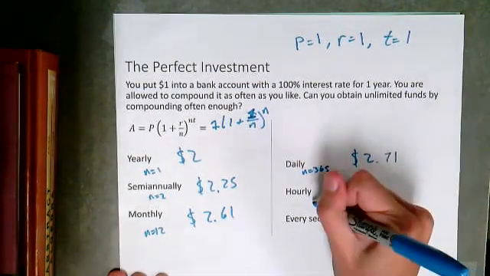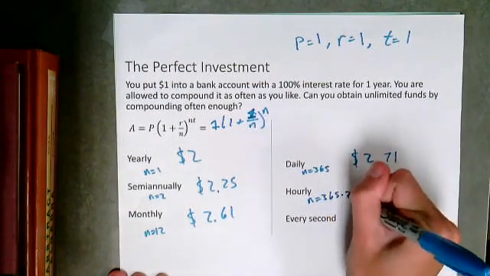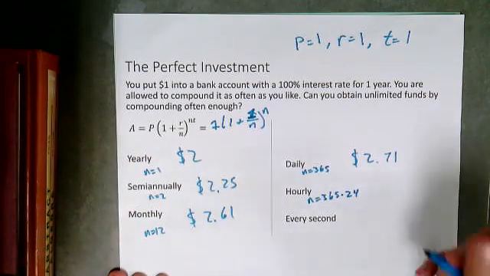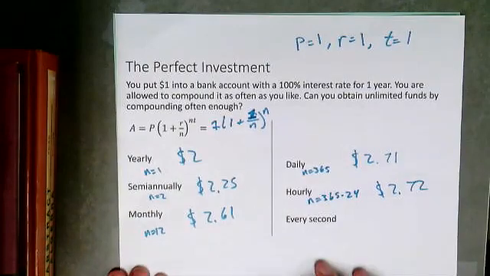$2.71. Hourly, N is going to be 365 times 24, 365 days times 24 hours in each day. We're going to get $2.72.